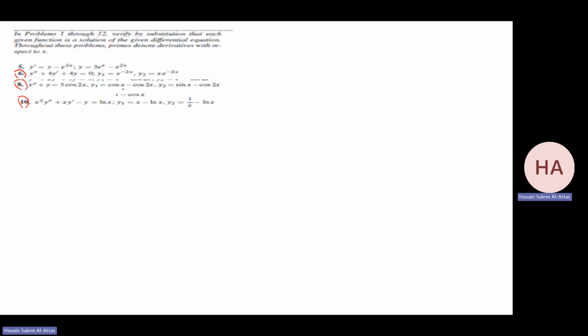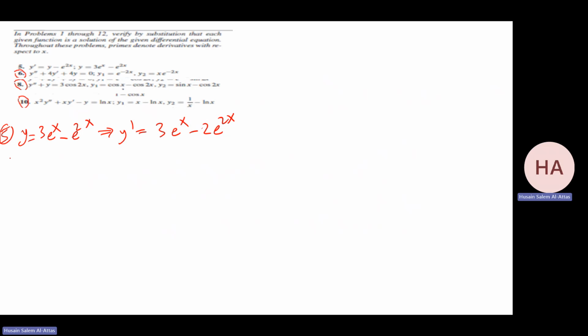Okay, now we'll go to the problems in the book. I'm doing suggested problems and other problems also. Verify, an easy one, number 5. y equals 3 e to the power x minus e to the x. What will be y prime? It will be 3 e to the power x minus 2 e to the x.